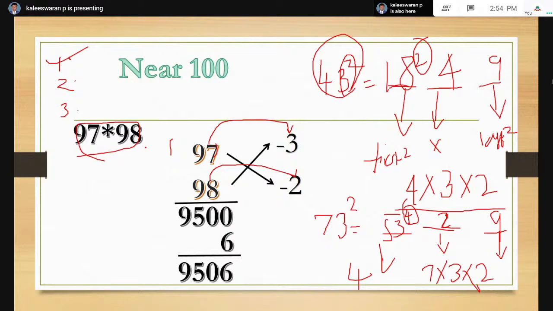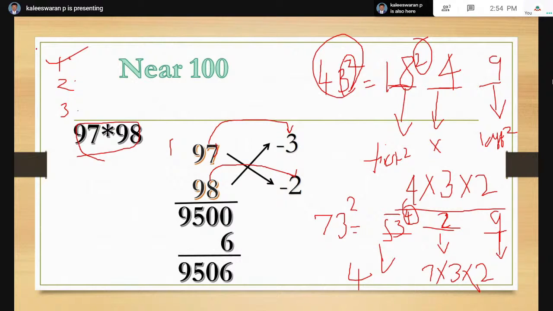How to multiply two-digit numbers that are near 100? We need to follow 3 steps. In the first step, 97 compared to 100 is minus 3, and 98 compared to 100 is minus 2.